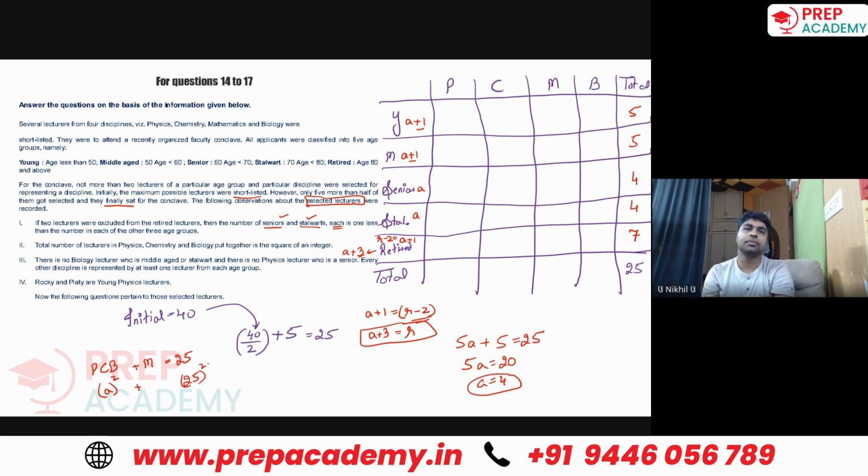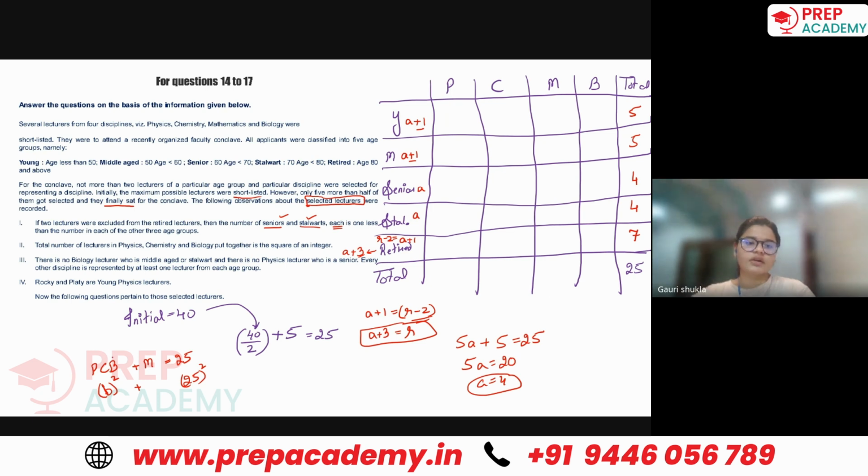I shouldn't write A here, something else, sorry. If I'm writing B here, what all values can B take? B can take the value 1.